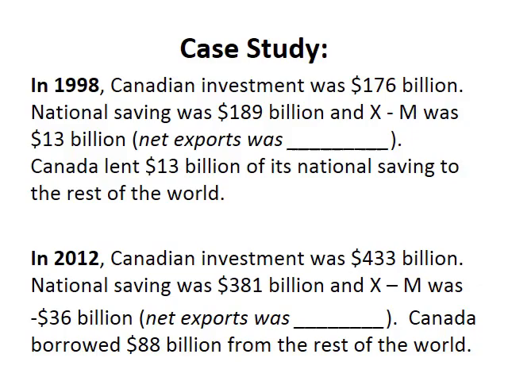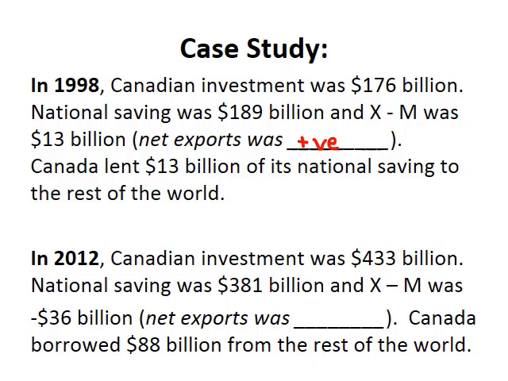So going back in time to 1998, Canadian investment was $176 billion. Our national savings was $189 billion, so we saved more than we needed for investments. And exports minus imports was $13 billion. So in other words, net exports was positive.